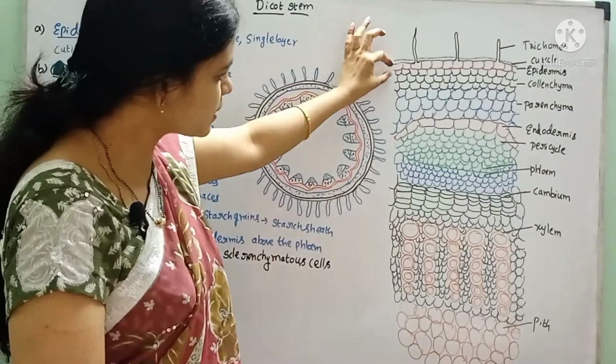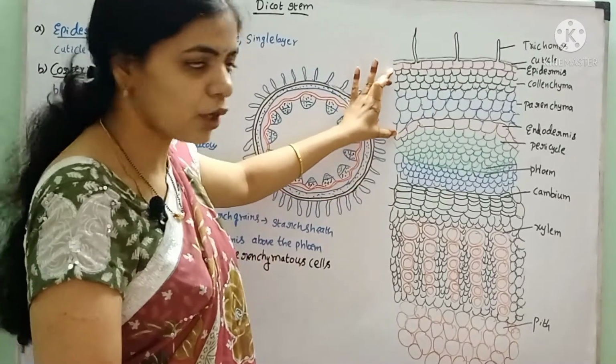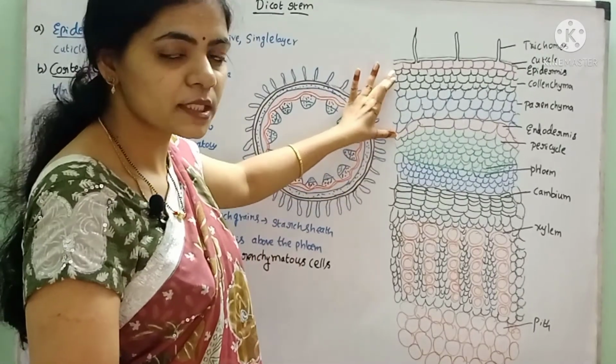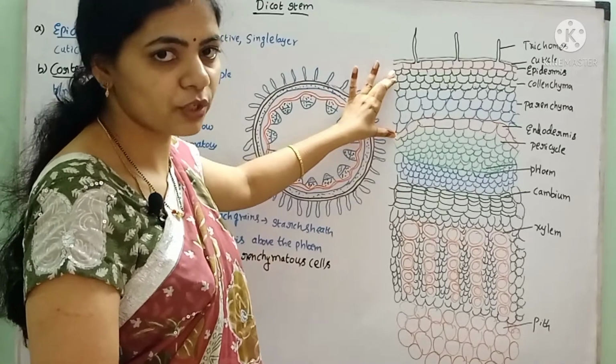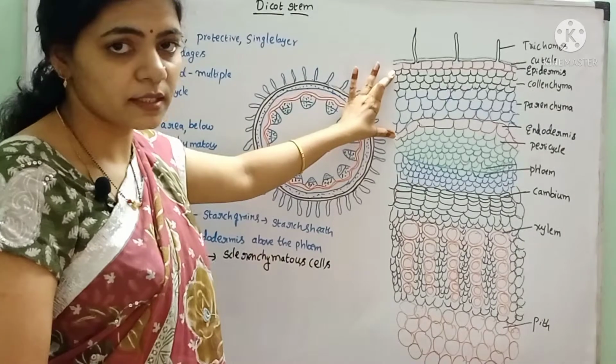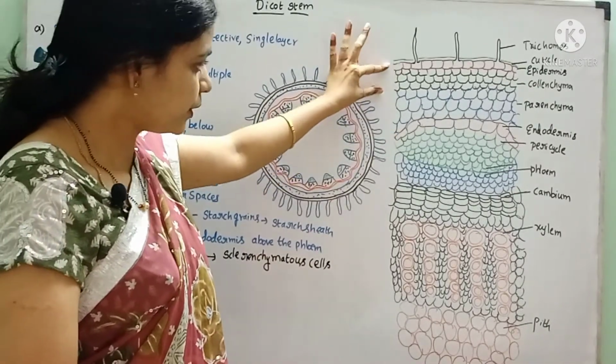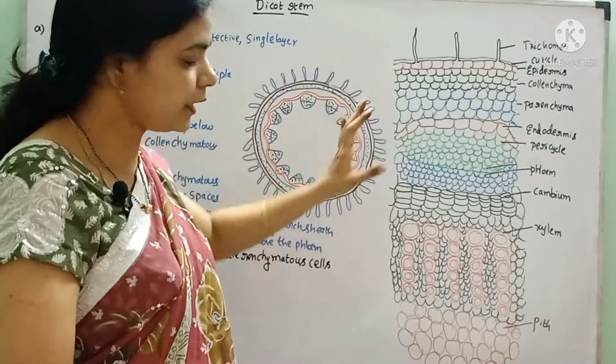This is the epidermis, and this is the pericycle. Between them the cortex is present. This cortex has three zones. As we have already studied, what are the three zones present in it? Hypodermis, general cortex, and endodermis.